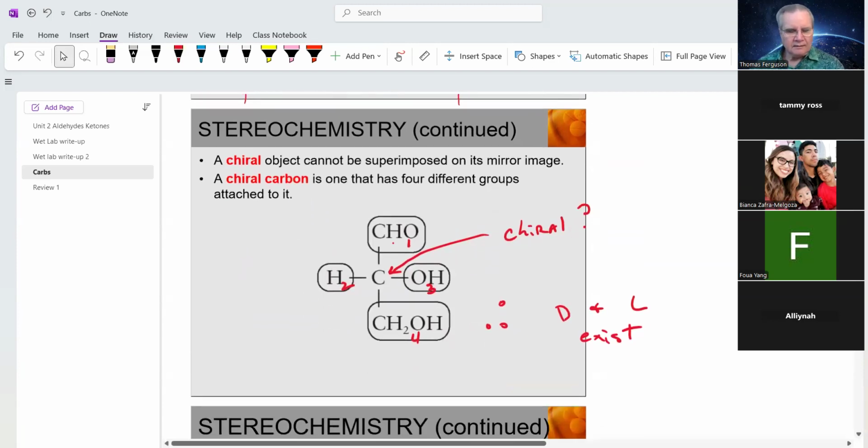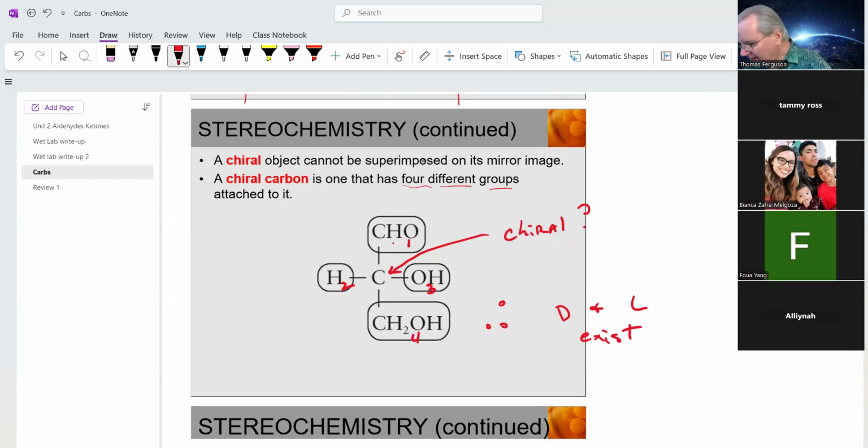Now, there's something in organic chemistry called chiral carbons. Chiral carbons have 4 different groups attached to them. It doesn't matter how big the group is, as long as it's different.